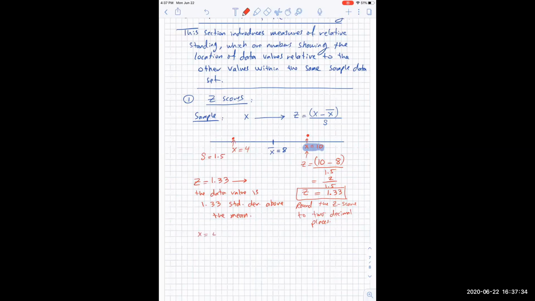X is 4. The z-score of that data value is 4, the data value, minus the mean, over the standard deviation, 1.5.